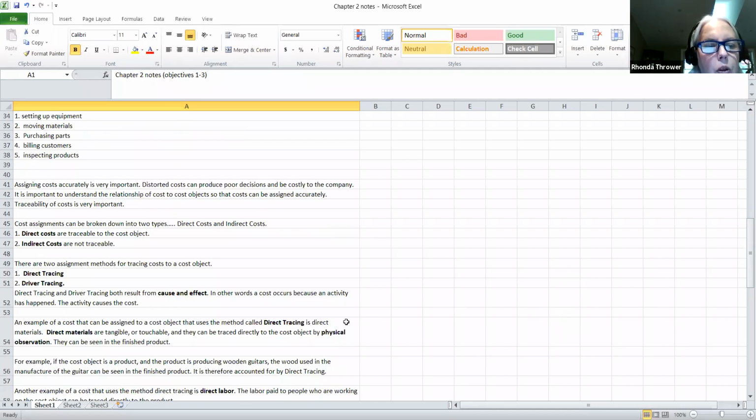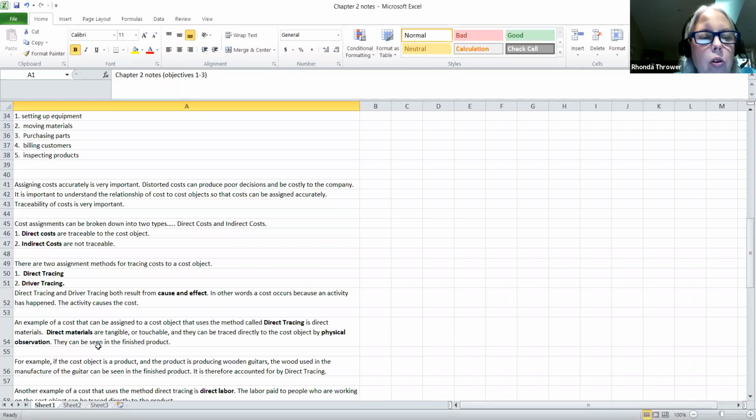An example of direct tracing is direct materials. Direct materials are tangible. That means we can touch them, we can see them, we can feel them. They can be traced directly to the cost object, usually by physical observation. They can be seen in the finished products themselves.